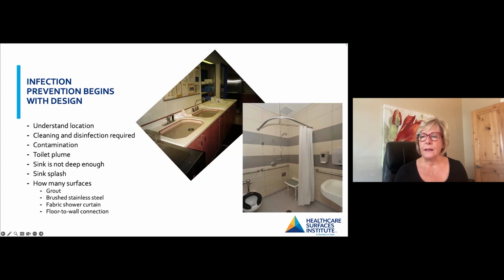Most people don't think about the fact that when you flush that toilet, it creates a plume that explodes into the air and contaminates the surrounding surfaces. Now, the contents that were put into the toilet is what explodes. So now we know that this is a highly contaminated area that needs to be effectively cleaned and disinfected on a daily basis.